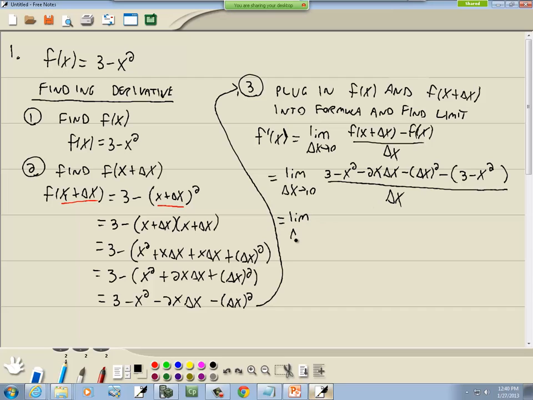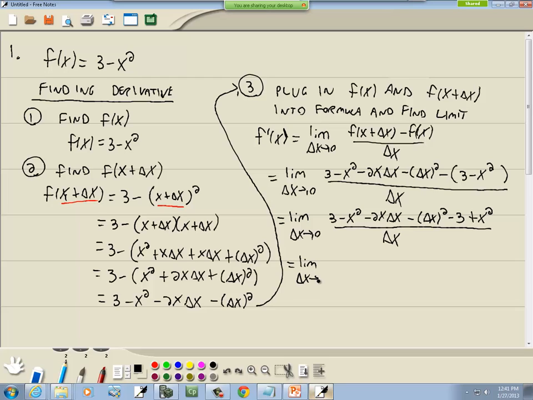So we've got the limit as delta x goes to 0 of 3 minus x squared minus 2x delta x minus delta x squared. Negative in front of your parentheses flips the sign of everything inside. So this becomes a negative 3 plus x squared, over delta x.